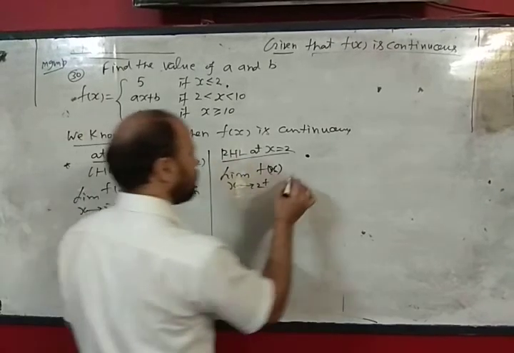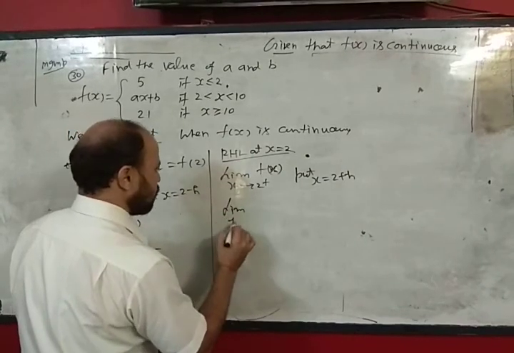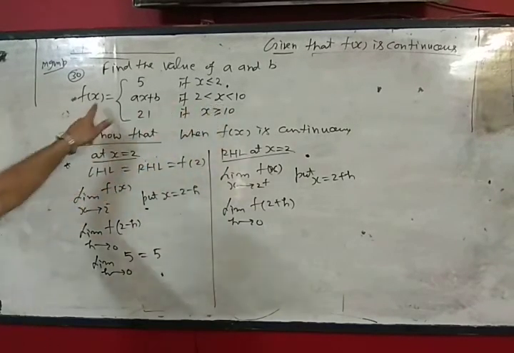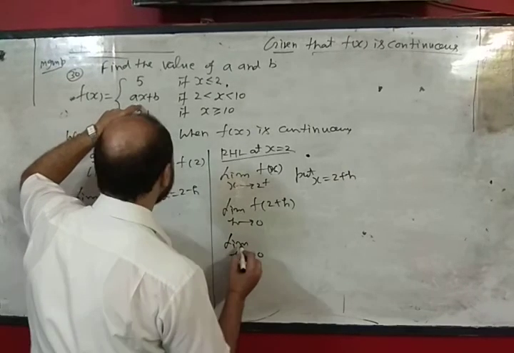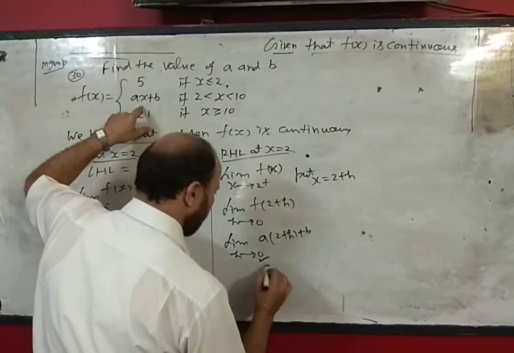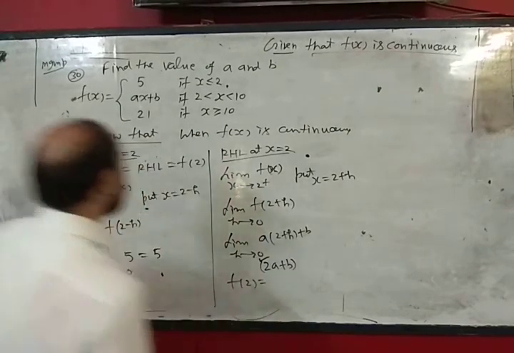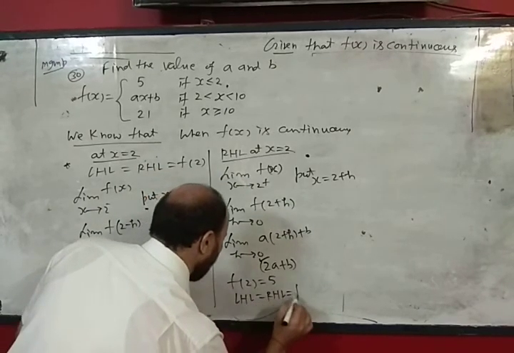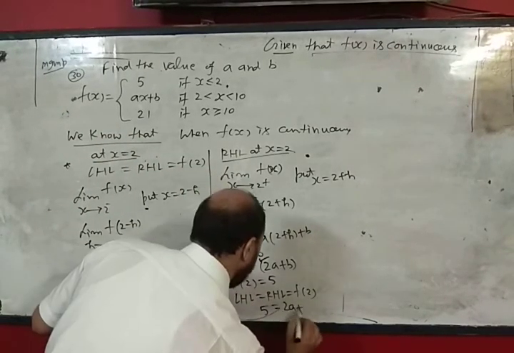Put x is equal to 2 plus h, limit h tends to 0 f(2 plus h). When x is greater than 2, the function is given f(x) is equal to ax plus b. So limit h tends to 0, a into (2 plus h) plus b. Put limit h tends to 0, then the value is 2a plus b. And f(2) is also equal to 5. LHL is equal to RHL is equal to f(2). Therefore 5 is equal to 2a plus b. It is the first equation.